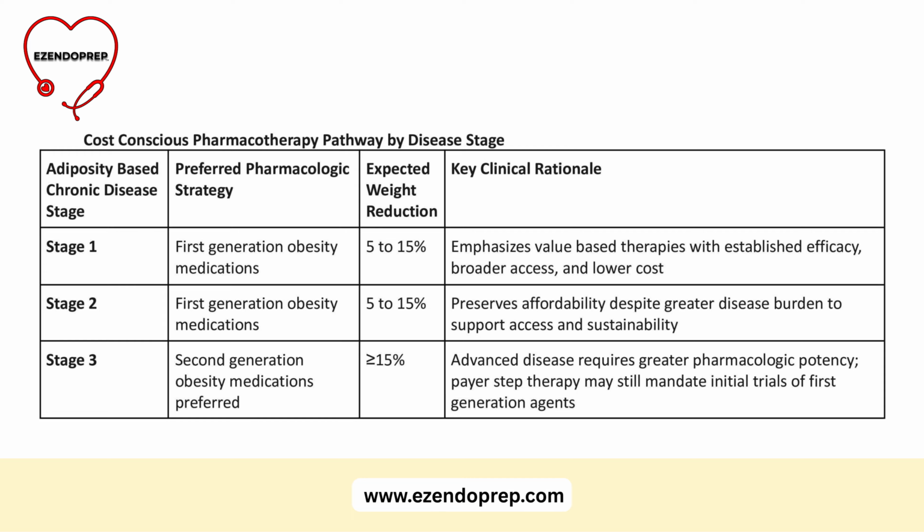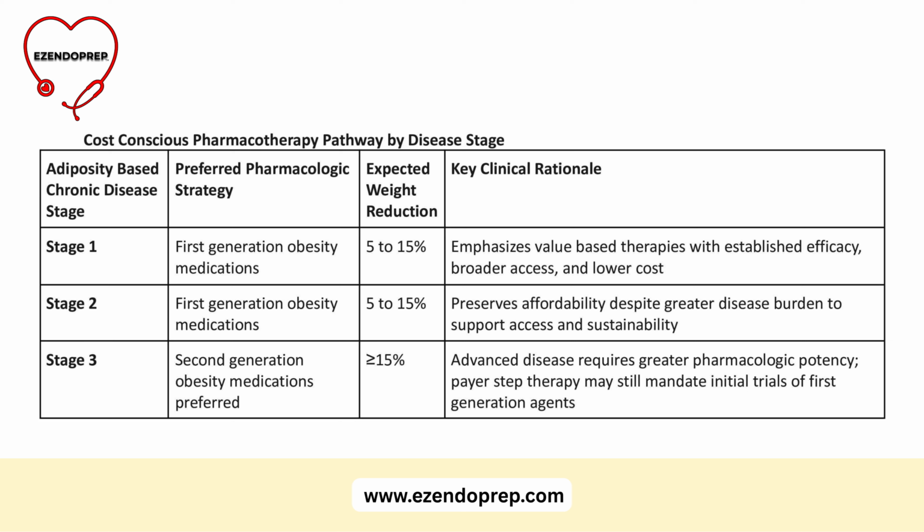In stage 3 ABCD, the strategy changes. Here, the recommendation is to strongly prefer second-generation obesity medication with an expected greater than or equal to 15% weight reduction. This reflects the reality that advanced disease often requires more potent pharmacologic intervention.